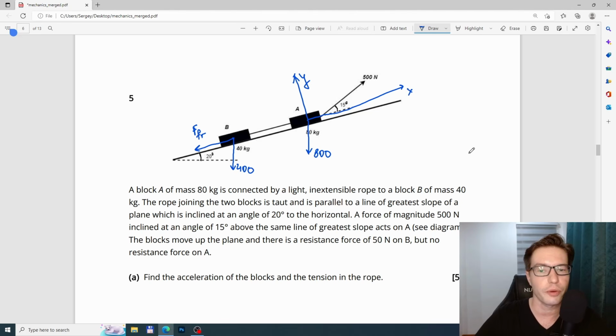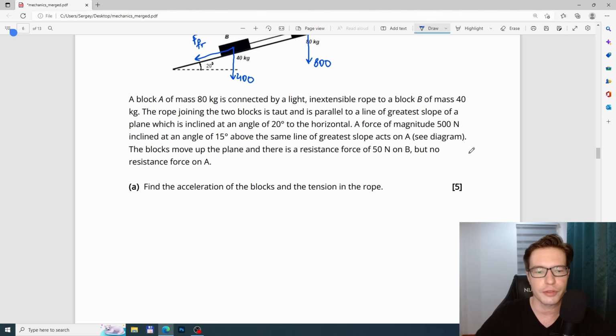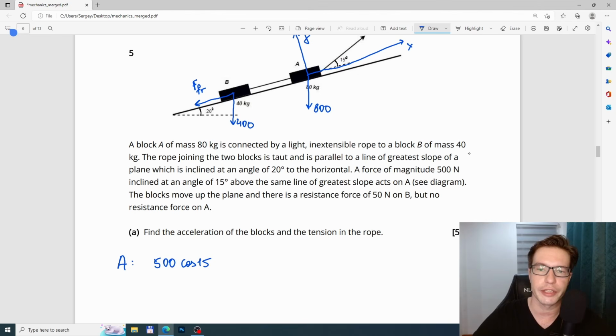And let's start resolving all forces on the x-axis. So for the block A, it's going to be 500 cosine 15. No resistance, and for the weight of the block, we need the x component.